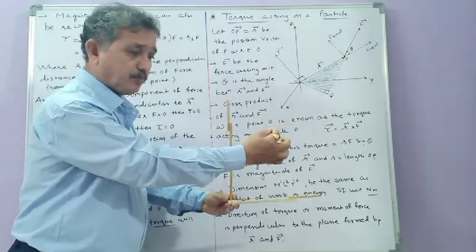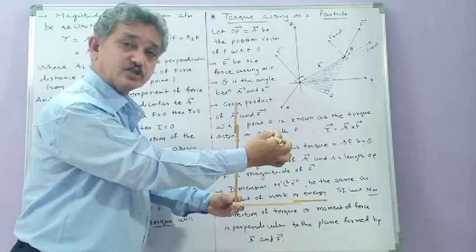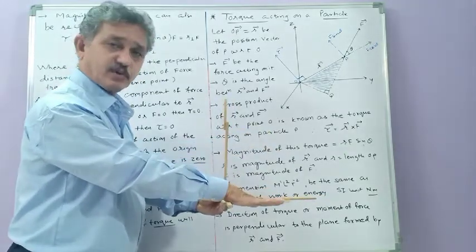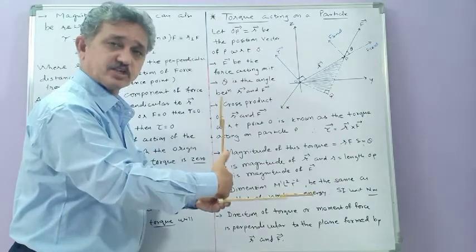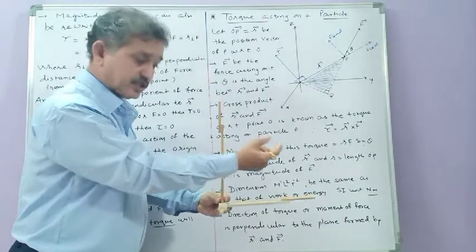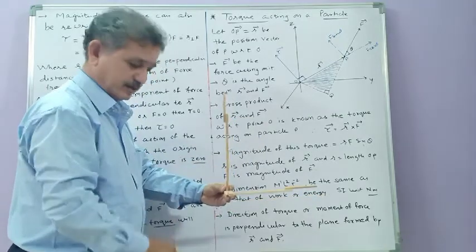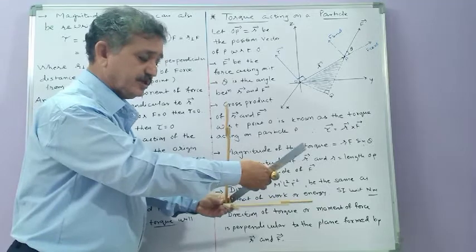Say one point P, or one particle P, is lying in x, y, z space. It is not in the xy plane, not in the yz plane, not in the xz plane, but it is lying in space. It is like this. Now if I join this particle with the origin, you will get a line like this. There will be a position vector.